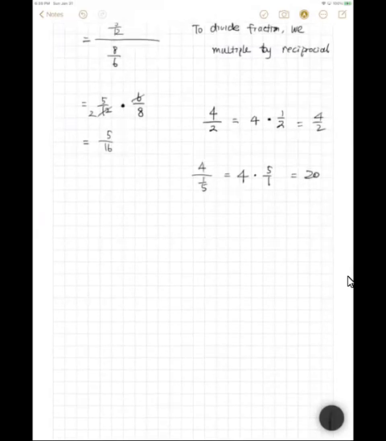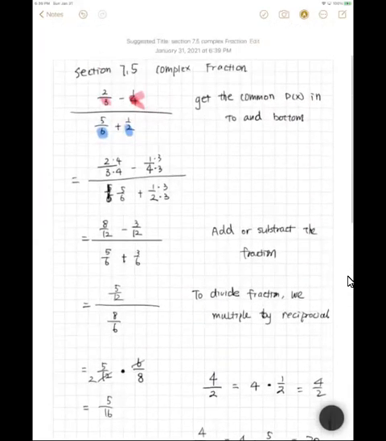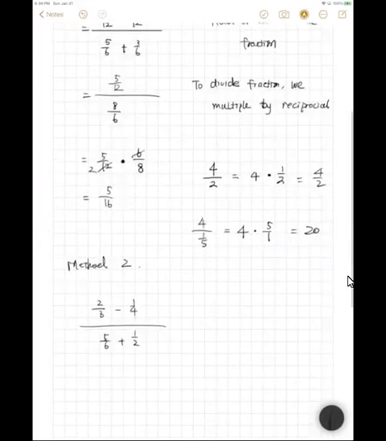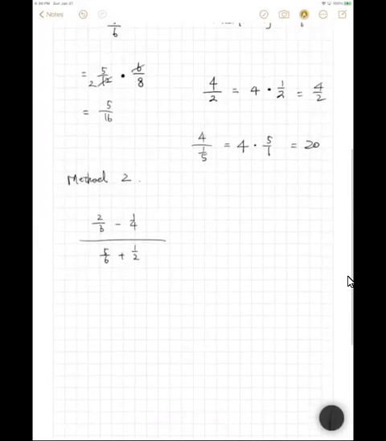Okay, so there's another way to do it. The second way to do it is for the same set of numbers. This is the second method. Instead of finding the common denominator of the top and the bottom, we just find the common denominator of all the terms.